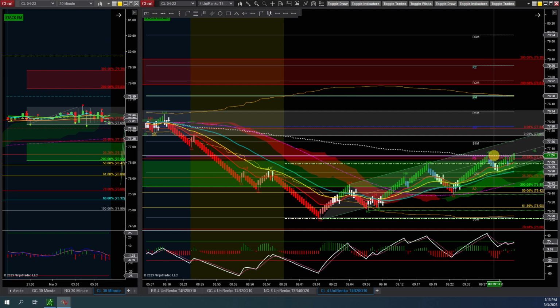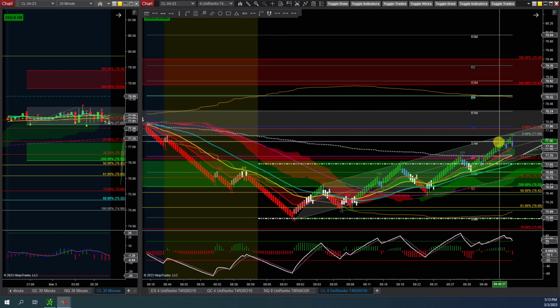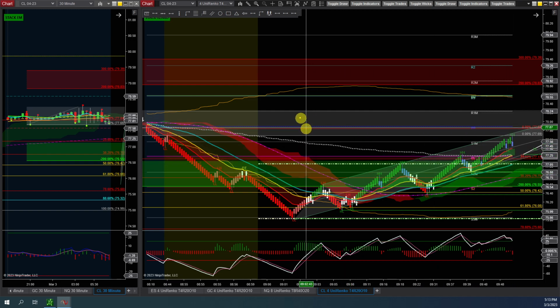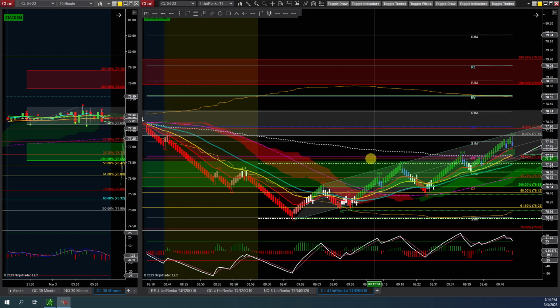I could miss it, but that's fine. Started to move up, came back down. There's a little bit of congestion here, and then what I'm looking for now is to enter this area here again, right? Because this one is my range. The range is a magnet, and before the market open, I did have a range here.